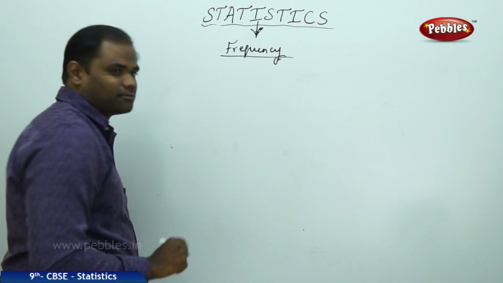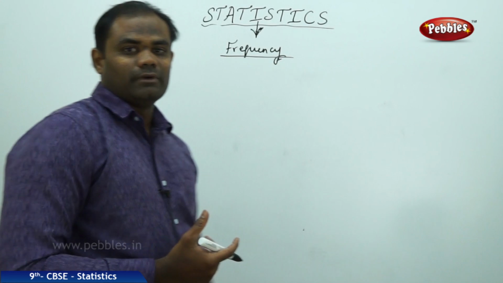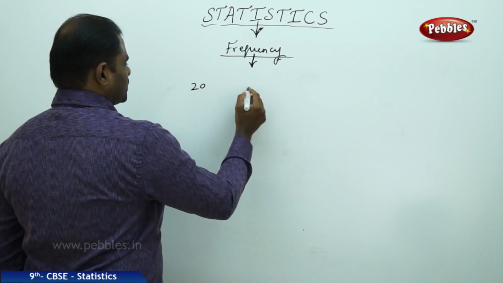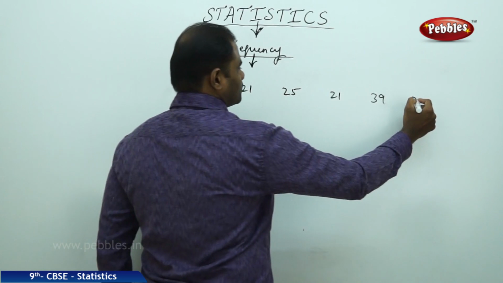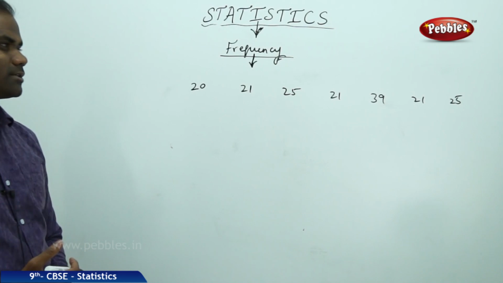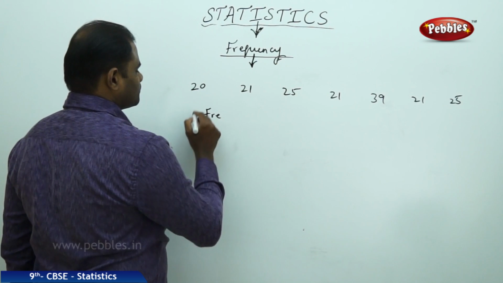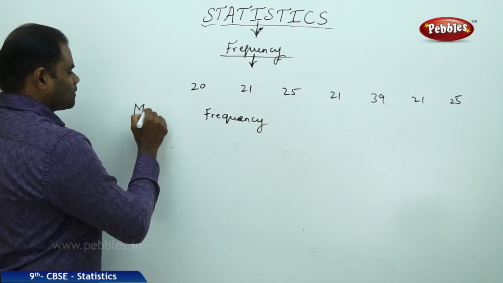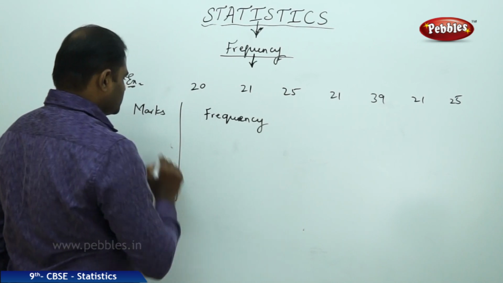So in statistics, frequency is the number of times a value occurs in the given problem. For example, if the marks are 20, 21, 25, 21, 39, 21, and 25, let's see what the frequency of each of them is.